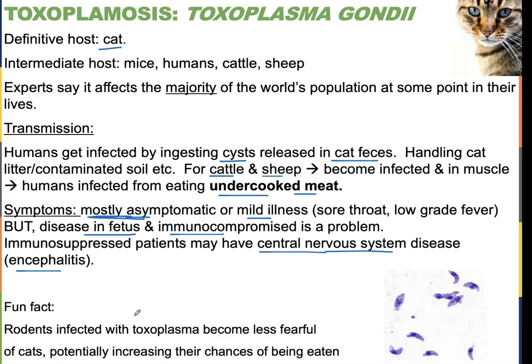Usually mice are scared of cat urine, but if they're infected with Toxoplasma, they will actually be very curious about the cat urine, or in some cases, I even heard someone say they're aroused by the cat urine smell. So they're going to hang around that cat urine, which is where the cats go, and they are more likely to be eaten by cats than a mouse that is scared of cat urine.